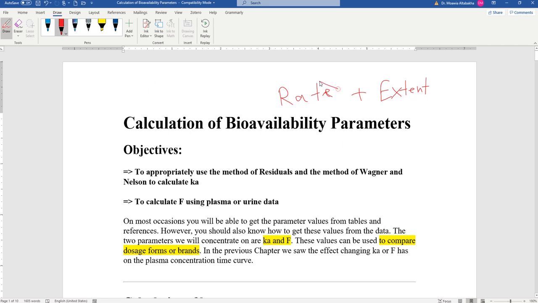So we have two things, rate and extent. Which one describes the rate? Ka describes the rate, and F describes the extent. That's why it will be important for us to look at how we can get these two parameters. So the rate is controlled by Ka and the extent is by F.